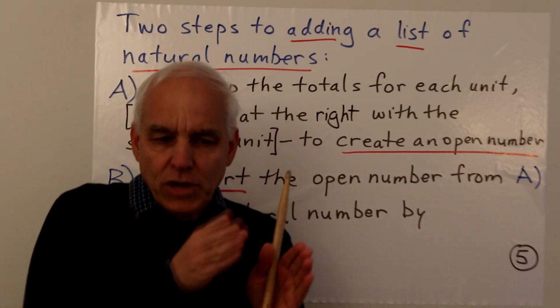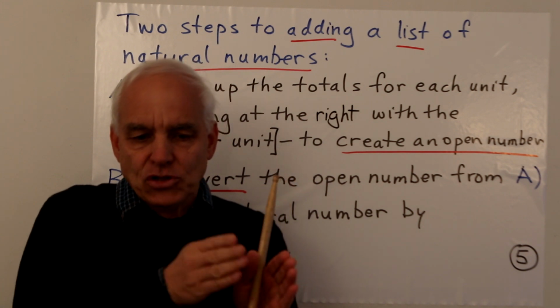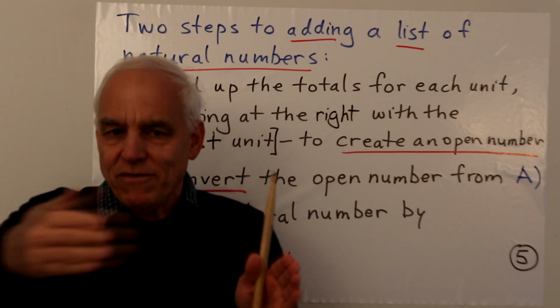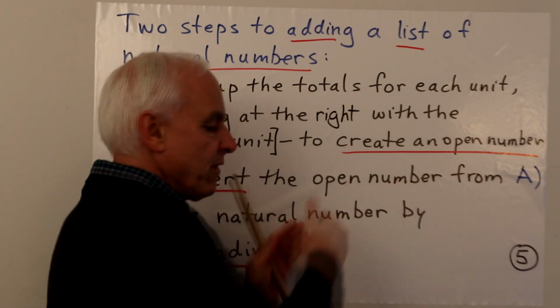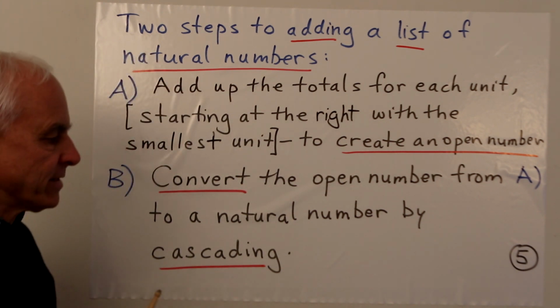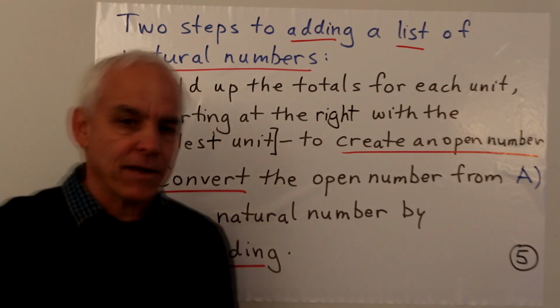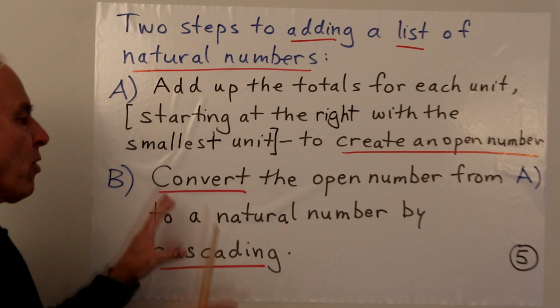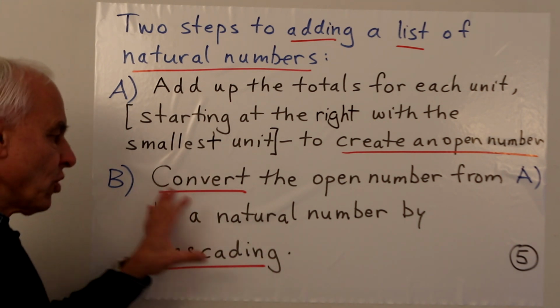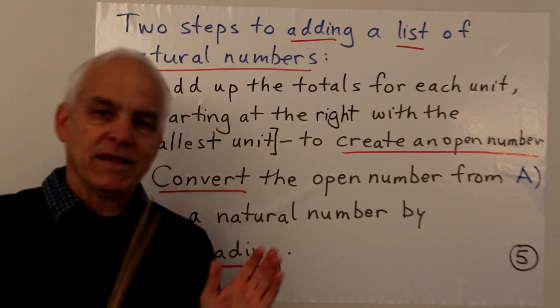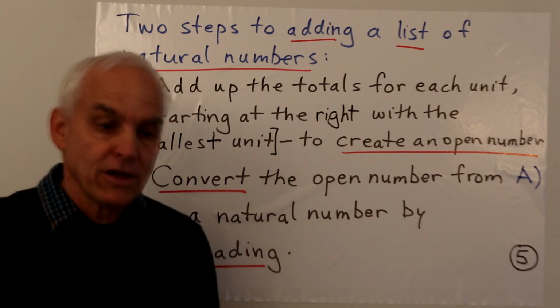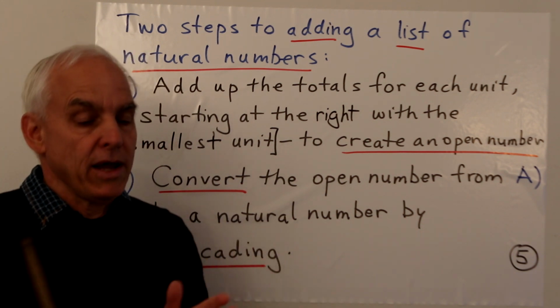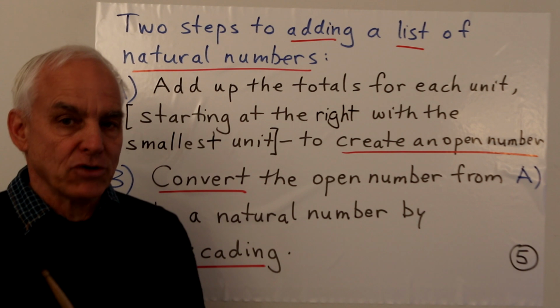So that involves looking successively at certain components of previous ones if we're moving from the right to the left. And that process is called cascading. And so that involves a bit more explanation to show you what's really going on there, to make this conversion smoothly from an open number to a closed number, or Hindu-Arabic natural number.